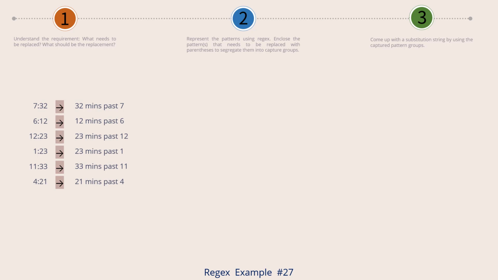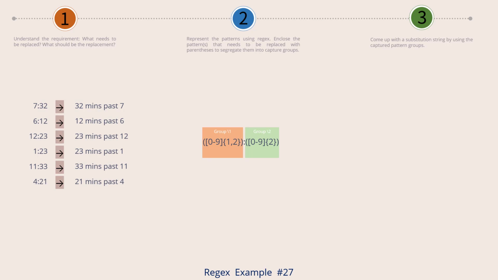Let's move to step 2 now. Here I have tried to represent the input string using regex patterns. Let's start reading from left to right. I have represented the first number using a character class 0 to 9 in square brackets followed by plus.